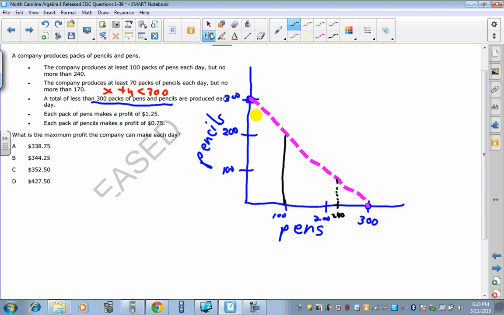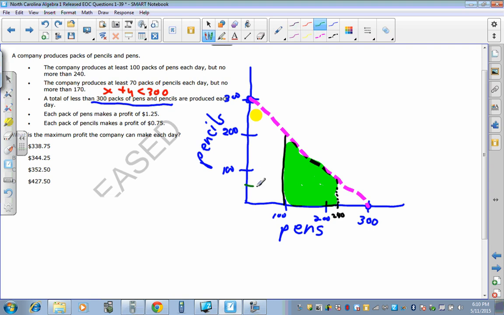So that's this region in here. It also says it produces at least 70 packs of pencils a day.